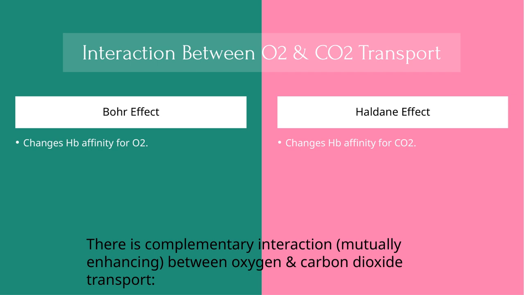Now, these two effects, Bohr and Haldane, highlight a fascinating interaction between oxygen and carbon dioxide transport. They work together in a mutually enhancing way. As oxygen is released in tissues, CO2 is picked up, and when oxygen binds in the lungs, CO2 is offloaded. This complementary interaction ensures efficient gas exchange, optimizing how our body manages oxygen delivery and carbon dioxide removal during respiration.